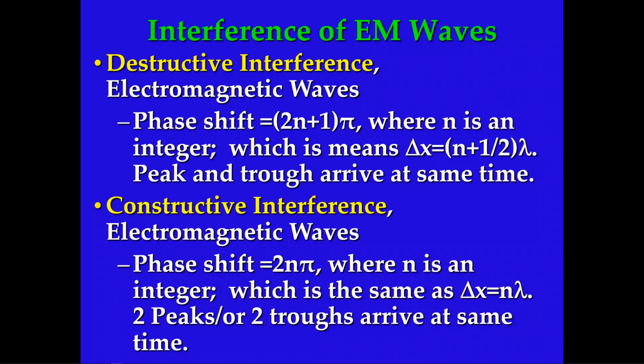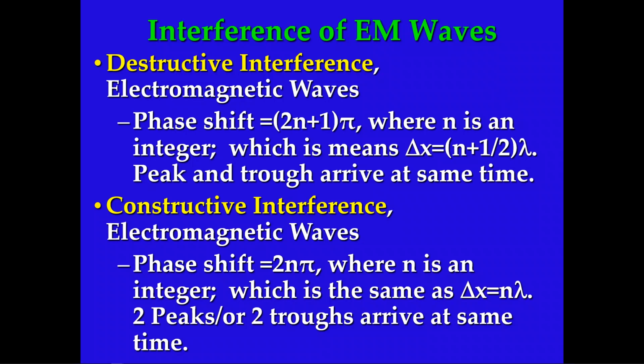And really this means that the path difference that each wave takes, the difference in path taken from the wave to the observer, is an odd multiple of lambda over 2. It really means a peak and a trough of the wave arrive at the same time at a particular location in space.